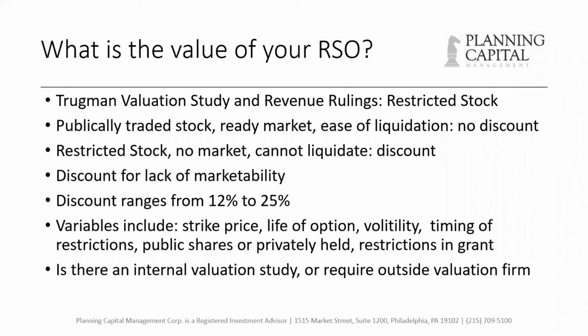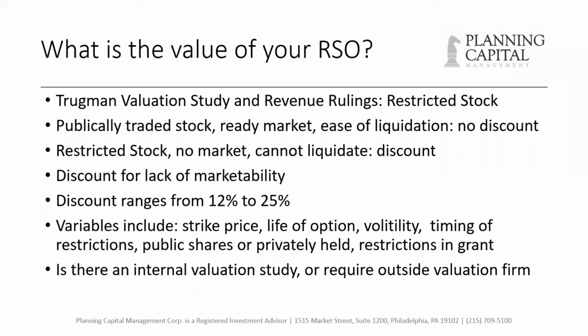So just so we all know what we're talking about, if you have RSOs that, let's just say, you believe have a fair market value, if you were to exercise, of $1 million, then from a valuation point of view, depending upon the variables, that valuation might be suppressed to $750,000. So if you were going to gift it, you are gifting on a tax-favored basis because your gift has been reduced by the discount.